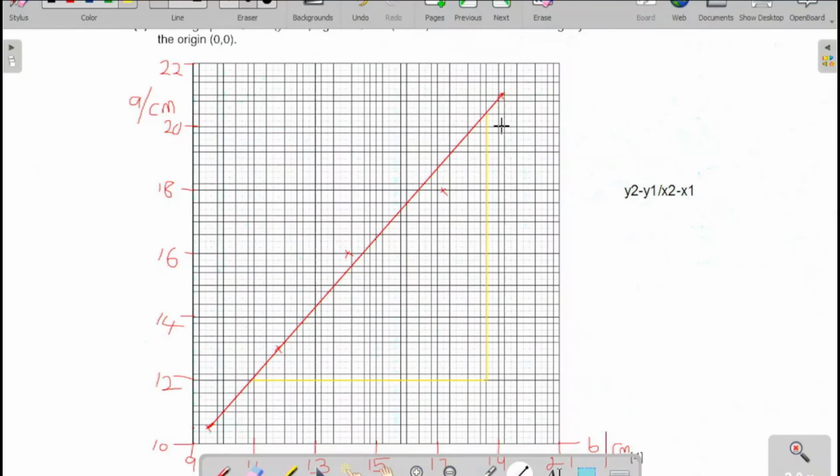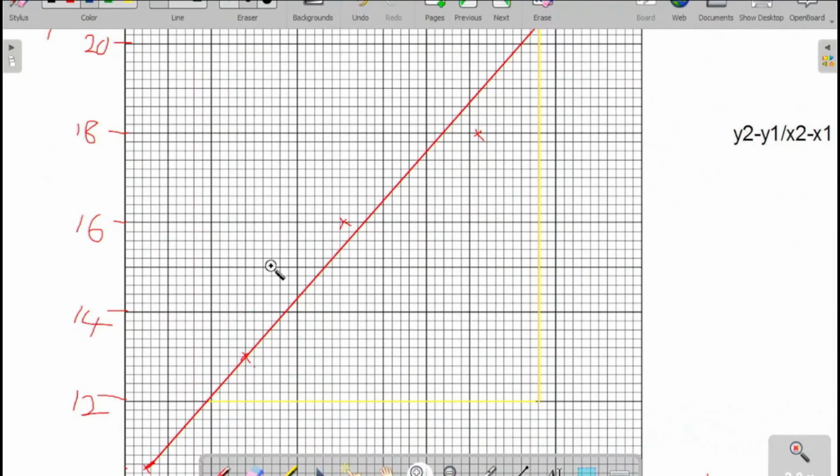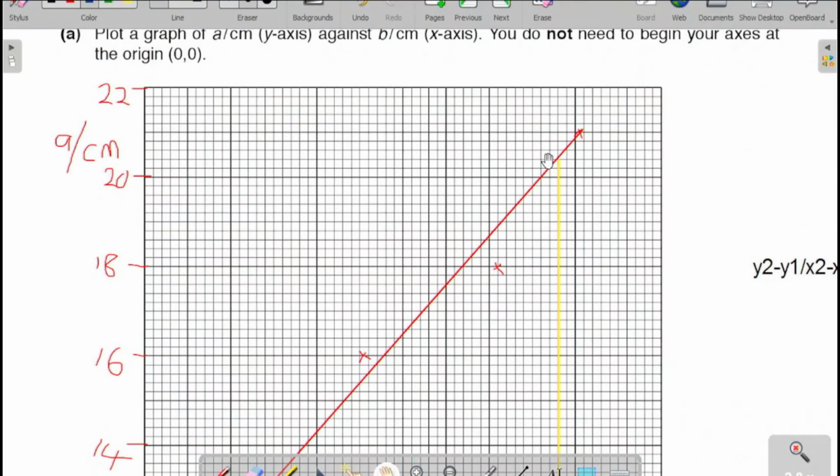So if you look at this point, there is a point here. If you trace this point down to this side, it falls here.